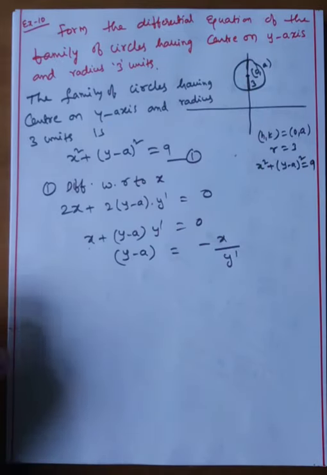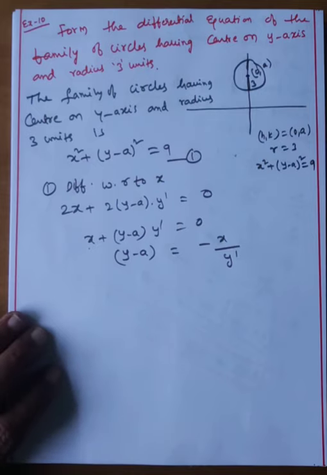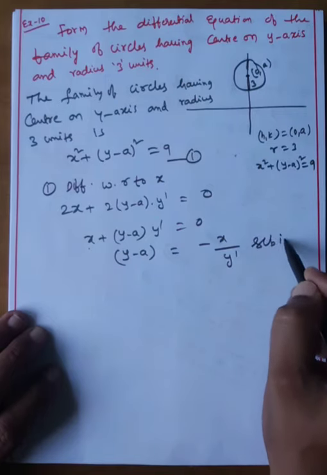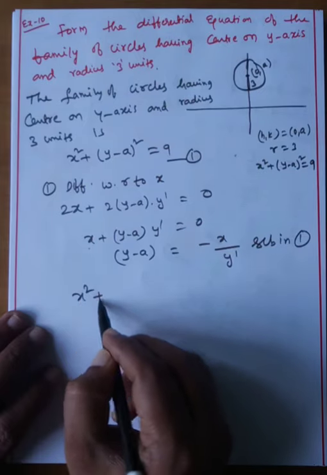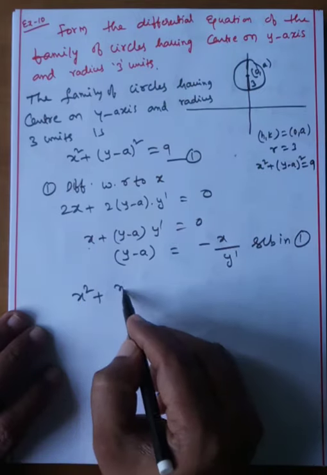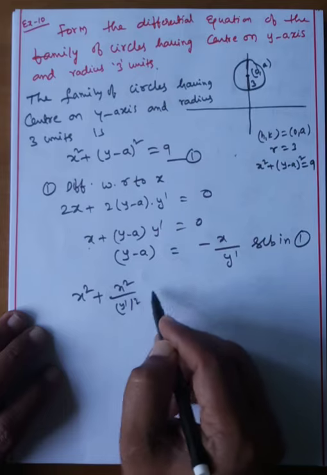Now, do you differentiate again? Only one time you will differentiate, my dear students, not a second time. Substitute in 1: x square plus (y minus a) whole square, that is x square by y dash square, is equal to 9.